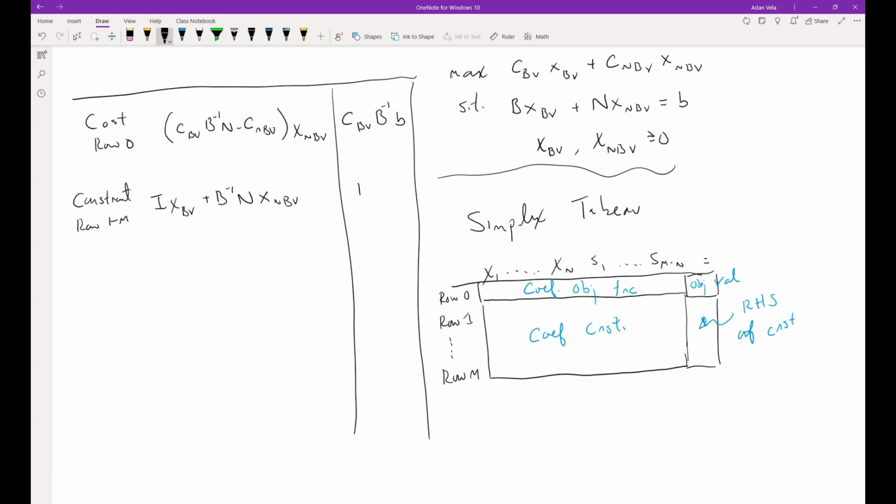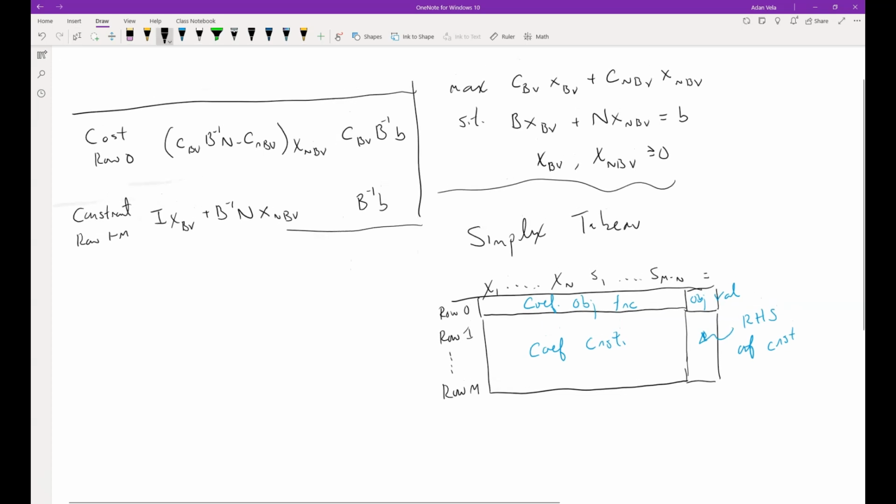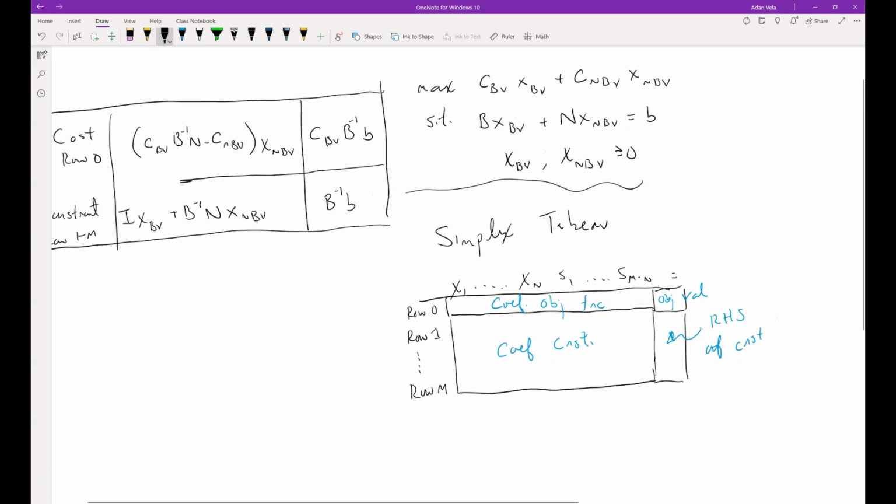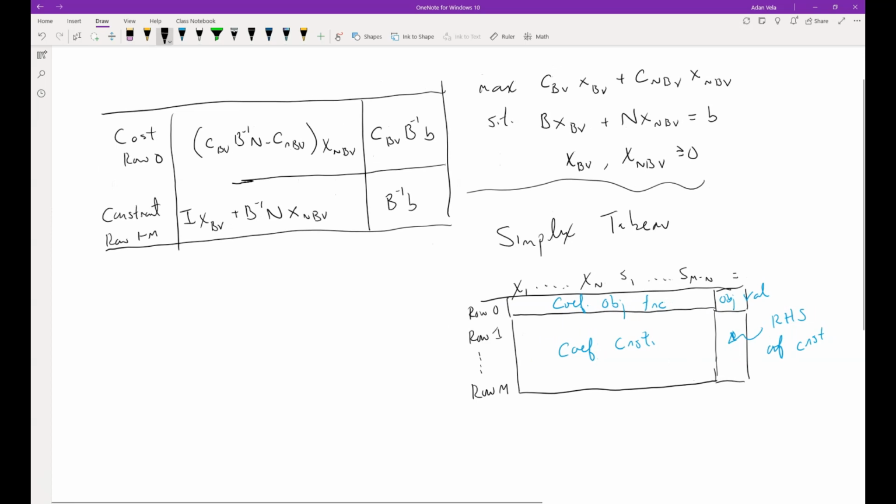And the right-hand side is B inverse B. And so these are more or less the 4 equations that we're going to use when we're performing our sensitivity analysis. And again, they correspond to the 4 portions of the Simplex Tableau that we discussed over here.